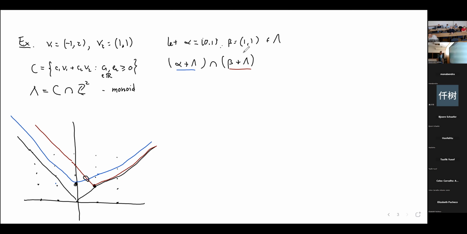So maybe I'll do one more color. These two elements of lambda generate the intersection. But there's no single element of lambda that generates the intersection. So let's call these gamma and delta.